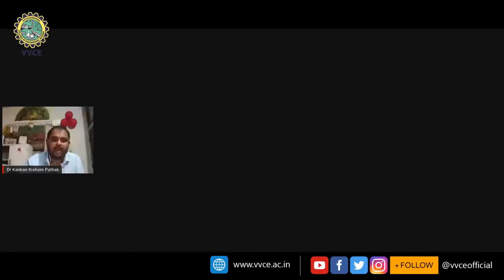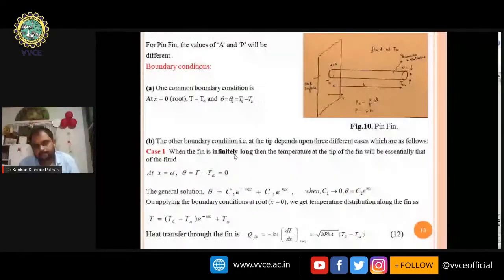Case one is when the pin is infinitely long. Infinitely long means x equals infinity. Then the non-dimensional value is also going to be 0, and the temperature at the tip of the fin will be similar. If you solve it, then we can get equation 12.